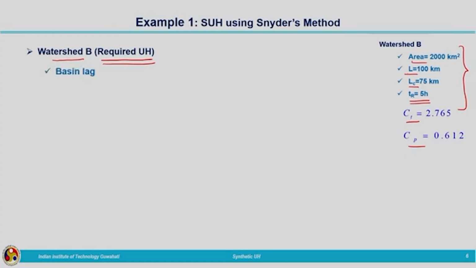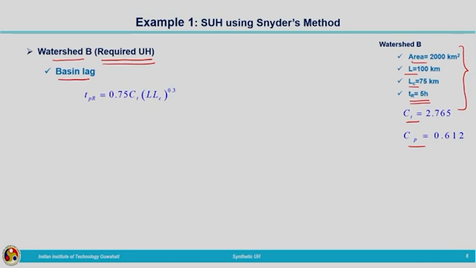So, first we will calculate the basin lag. How can we calculate basin lag? The formula is TpR is equal to 0.75 Ct (L Lc) to the power of 0.3. The same formula which is used for calculating Ct in the case of the gauge catchment is utilized here. Now, we know the value of Ct, that can be substituted over here to calculate the basin lag of the synthetic unit hydrograph of the ungauged catchment.